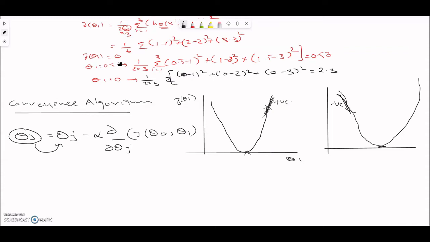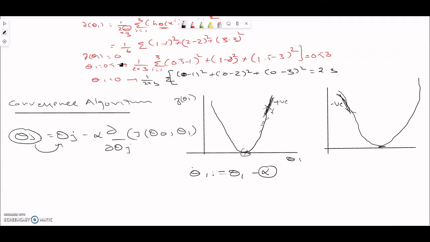Here, let me say the value is theta 1, which is theta 1 minus alpha. Alpha is the learning rate. Learning rate means, suppose we have a point here and we want to reach here. If alpha is quite small, about 0.05 most of the time, it will take a lot of time to learn from this data and reach the minimal point.